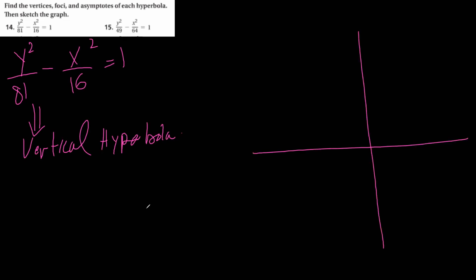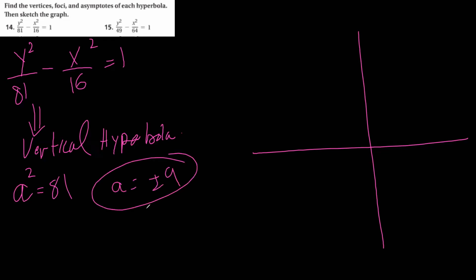Now, what is the value of a? a squared is 81, so a is positive or negative 9. Let's imagine that here is 9, and here is negative 9. The curve is vertical, yes.